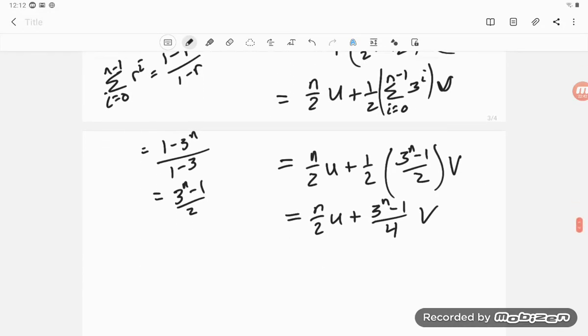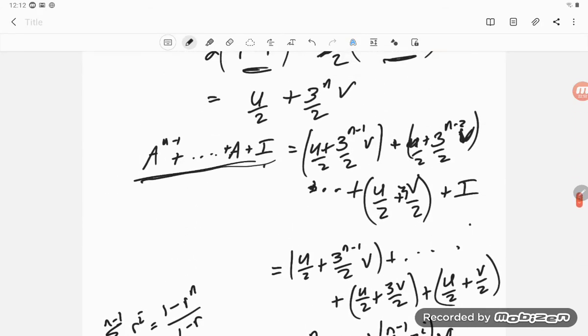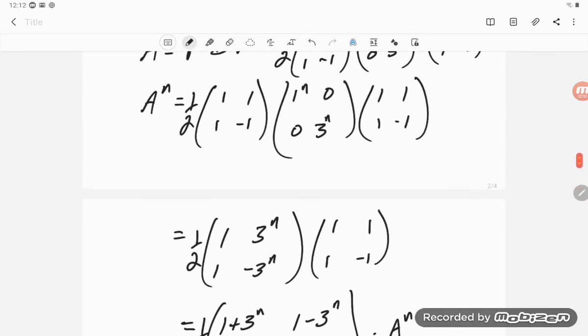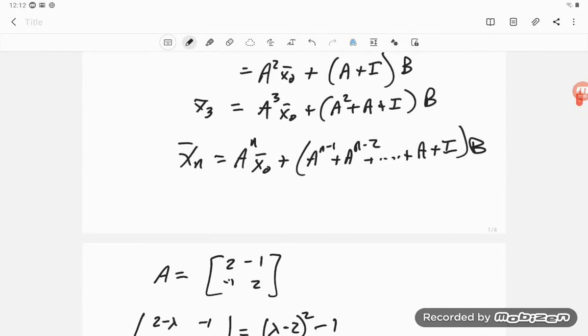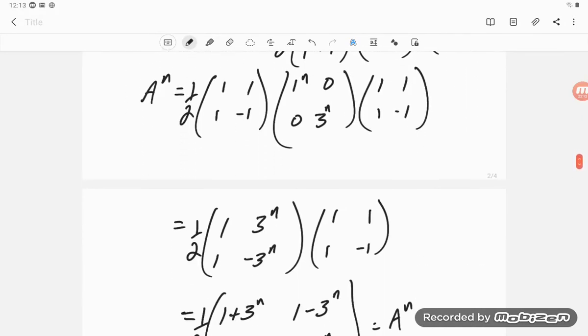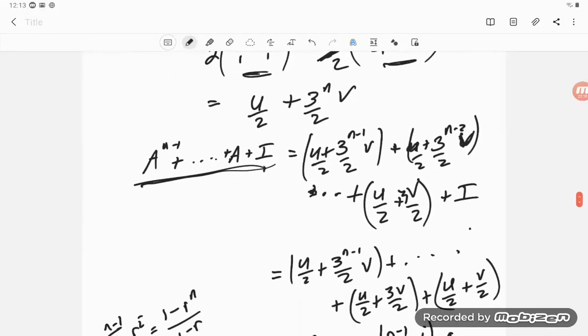And so now, remember, we had that our x sub n is equal to that whole big sum here. If we go back far enough, we can find it somewhere. Here we go. So we had a to the n x0, and then the sum, all this sum here times b. And so we do our a to the n times x0.